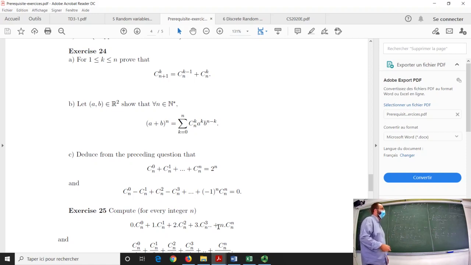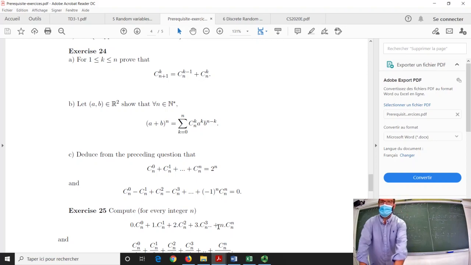And of course, what I can remark is that if I take in this expression k equal to n plus 1, what do I obtain? For k equal to n plus 1, I obtain 1 here, a to the power n plus 1, b to the power 0. That is, I obtain exactly this one. For k equal to 0, C(n+1,0) is equal to 1, a to the power 0 is equal to 1, and b to the power n plus 1, that is exactly this term.